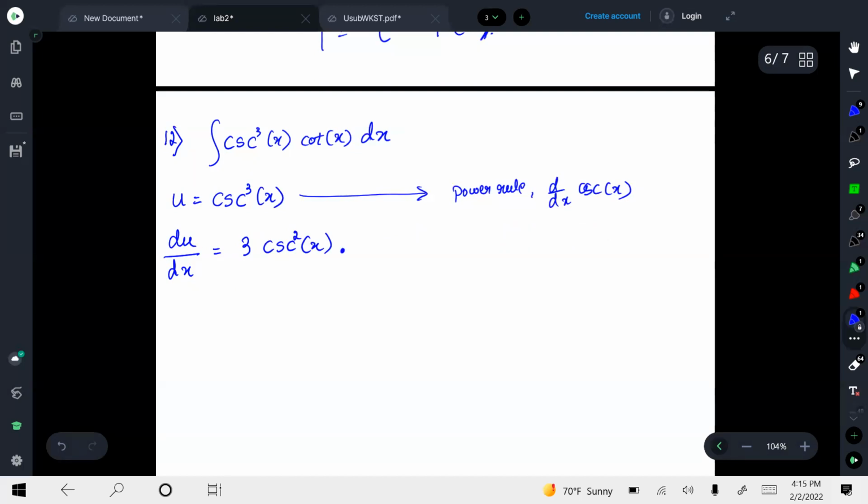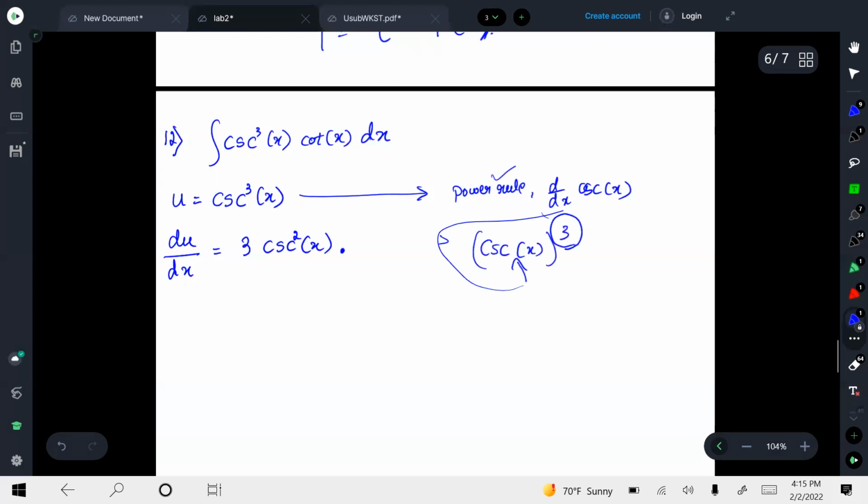That is what I'm doing here. Now I use the power rule. This is done. Now I'm going to write the derivative of cosecant x alone. You can think of it like cosecant of x, the whole cube. First, you find the derivative for this cube and then for cosecant of x.